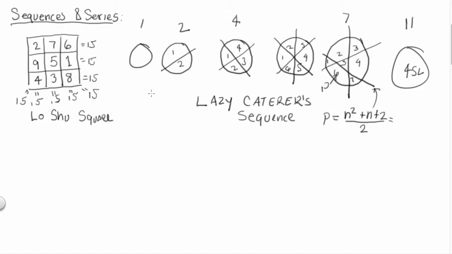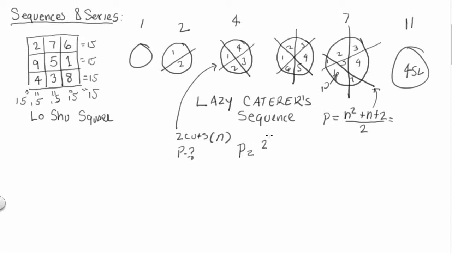So for example, we'll go to the simpler examples. The 4, well, that's got 2 cuts. So that's n. And the pieces is what we want to know, right? So we just write it as p equals, so wherever we have n, we replace it with 2.